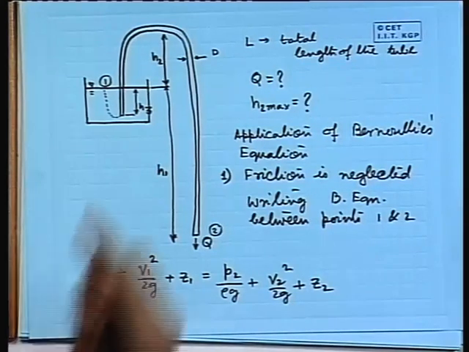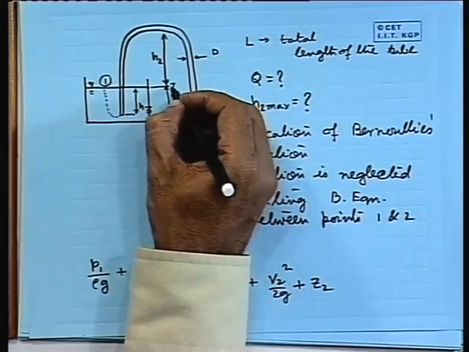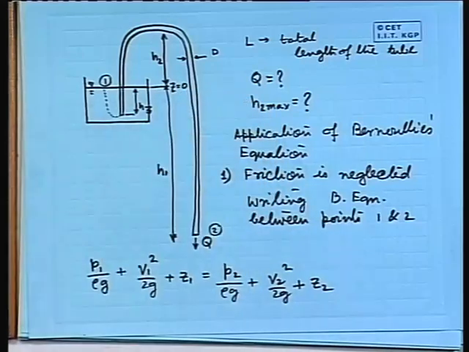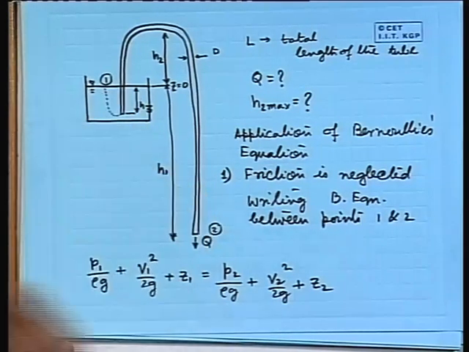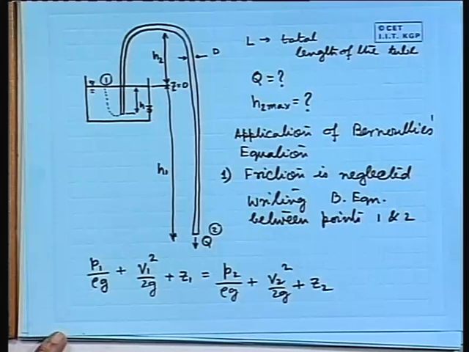It is very convenient to take Z is equal to 0 here, all right, because from here all the heights have been given. So, if I do that, I can write P1 by rho g, that is atmospheric pressure, and P2 is also atmospheric pressure. So, I can cancel these two.